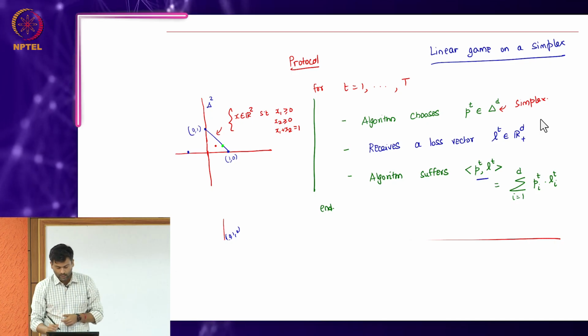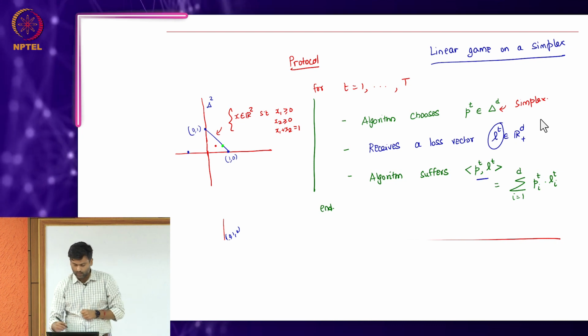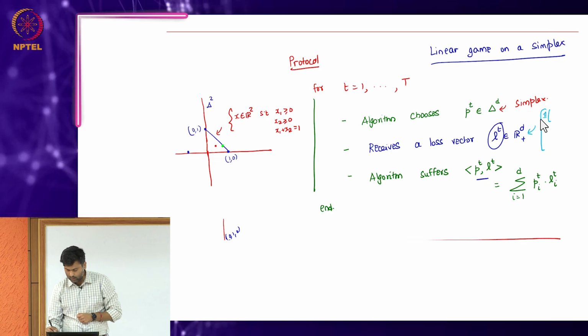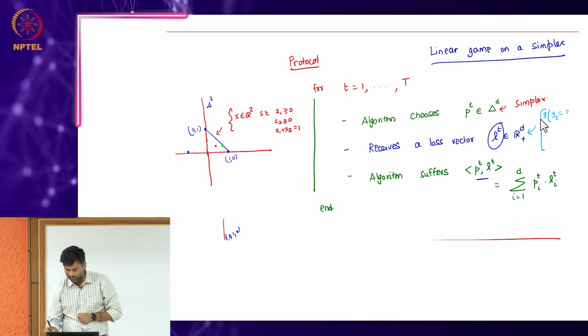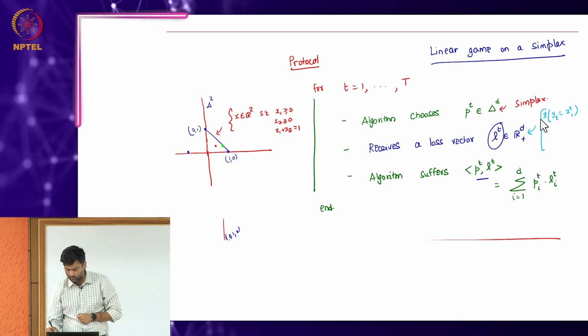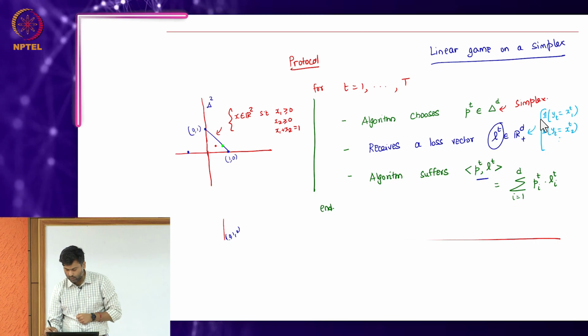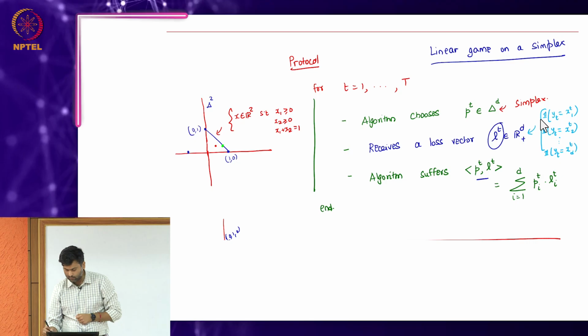So basically, in the expert setting, you can think of the loss vector as the indicator of yt equal to xt1, indicator of yt equal to xt2, and so on, indicator of yt equal to xtd.